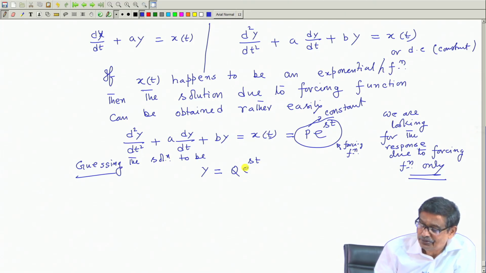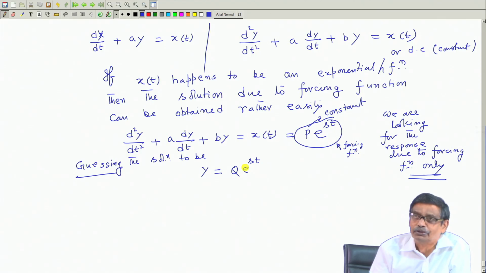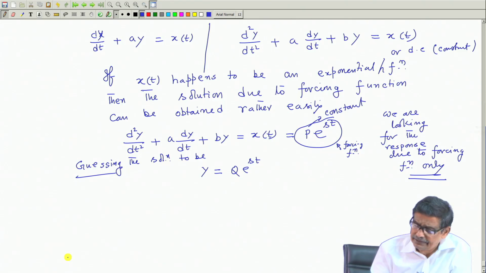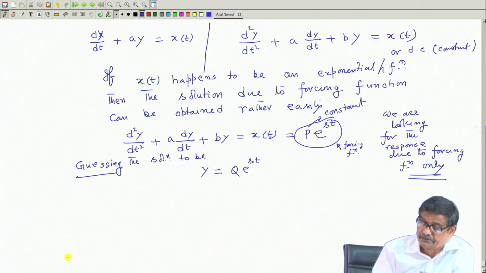So, the left hand side will also give rise to a factor e to the power s t, and the exponential function is such a nice function. Differentiate 100 times, it will still retain its form, only its magnitude will get manipulated, amplified or decreased, that is a different issue, but only this form of solution can satisfy the forcing function straight.